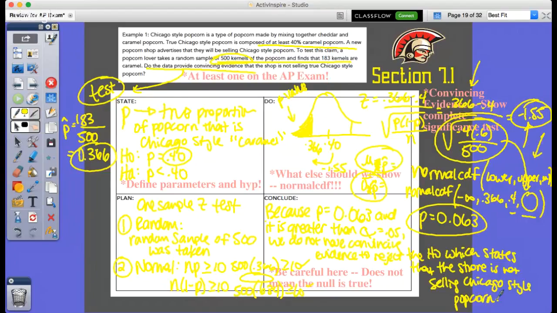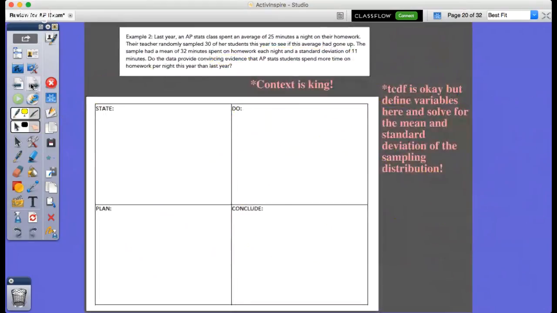However, when we have a 0.063, which does not reject the null hypothesis, we can't then say that the null hypothesis isn't true. We just say we don't have convincing evidence to reject it. So just a difference there, a little bit of a tweak, something important there as we go through, okay? All right, so with that being said, let's keep going because we're going to rock and roll. Hopefully that kind of established where we're headed here.